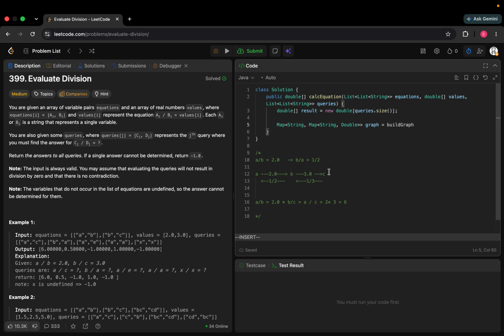Why is this used? Because when you have A, you not only point it to B, but you can also point it to C if you have something. So that's why we need to use a map to store this. For here, we use the equations and values, that's all we need.